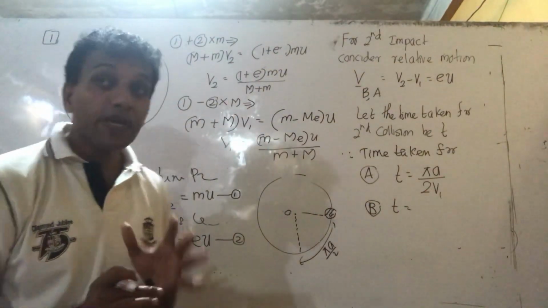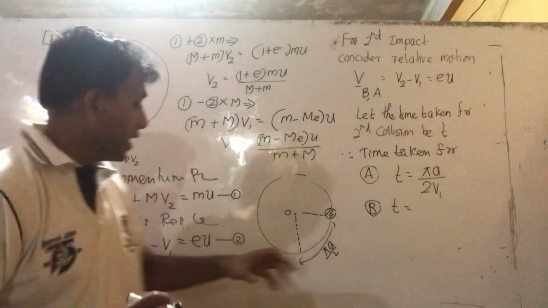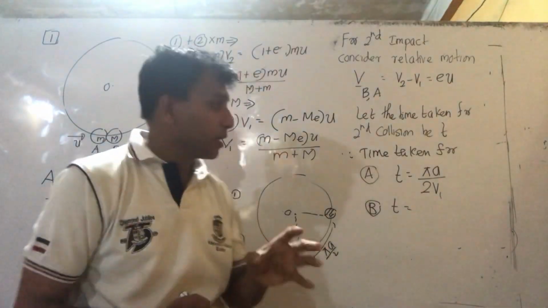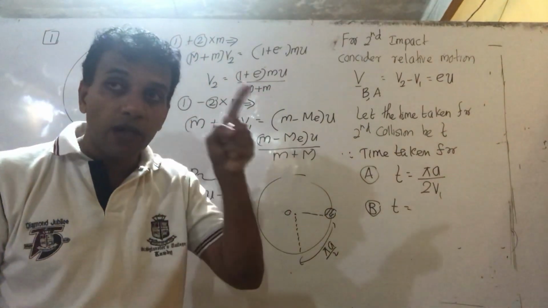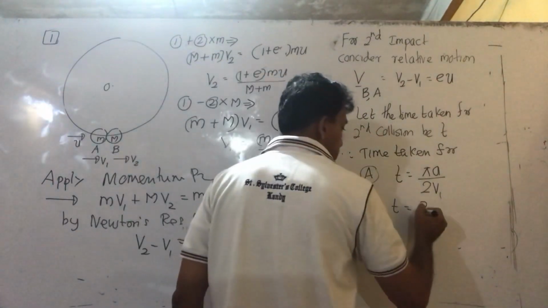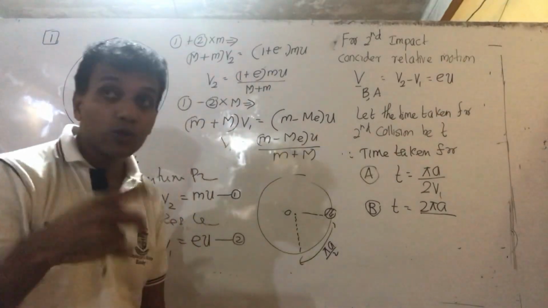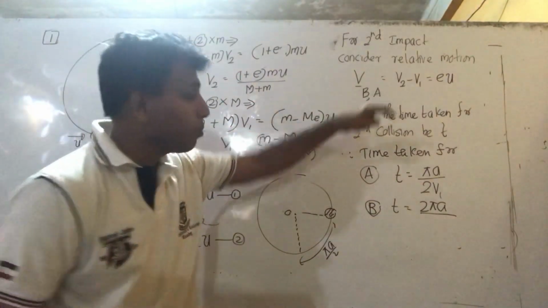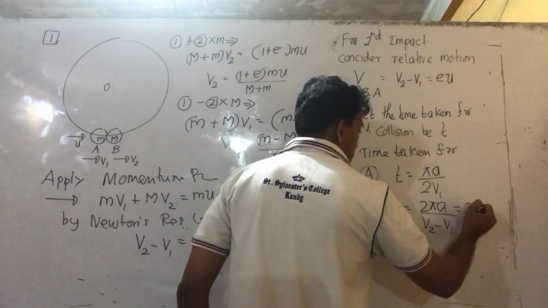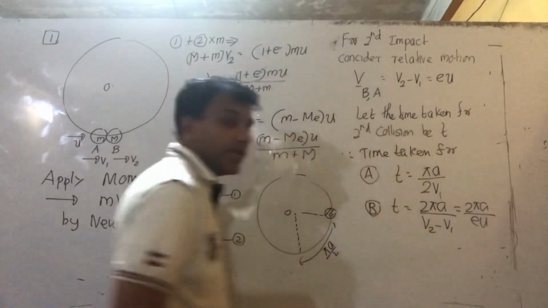So how does B move? That is relative velocity, that means A is at rest, B is moving and collides after the first impact, that means A moved a complete circle, that is 2 pi A, right? 2 pi A, and its velocity relative to that A is v2 minus v1, or otherwise, you know, 2 pi A over EU.